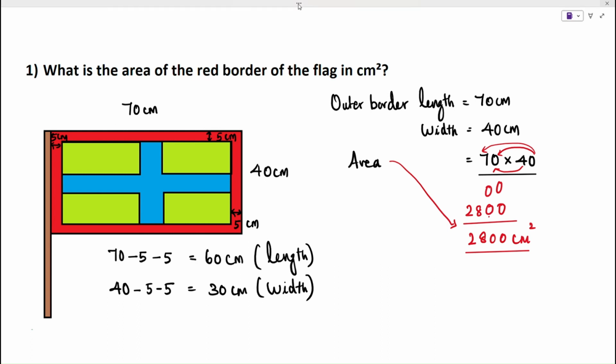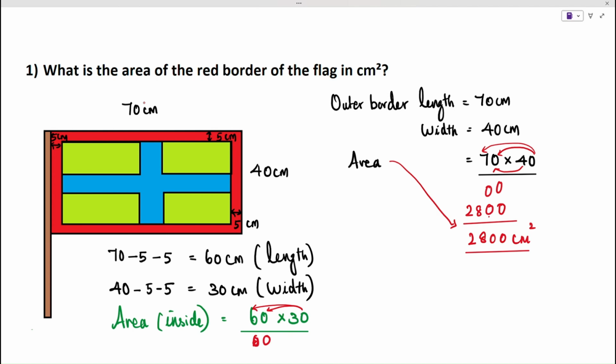Now we're going to multiply these two lengths together to find the area of the rectangle inside the flag. So the area is equal to 60 times 30. We start off with 0 times 0, which is 0. 0 times 6, which is also 0.